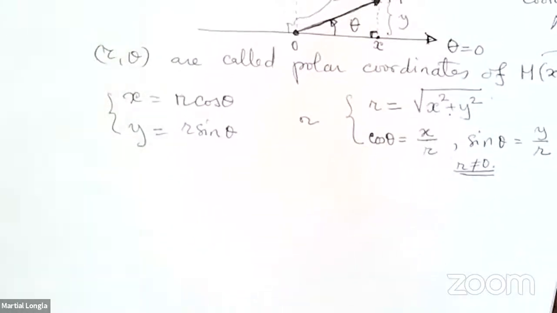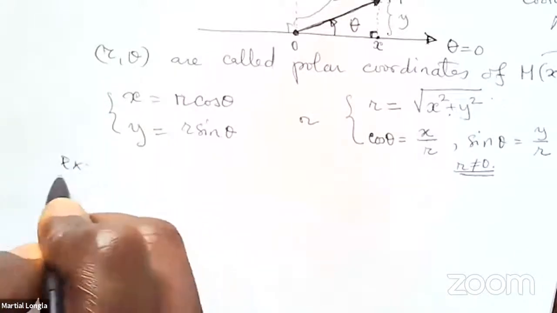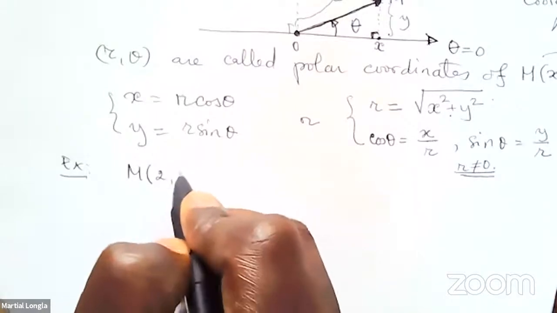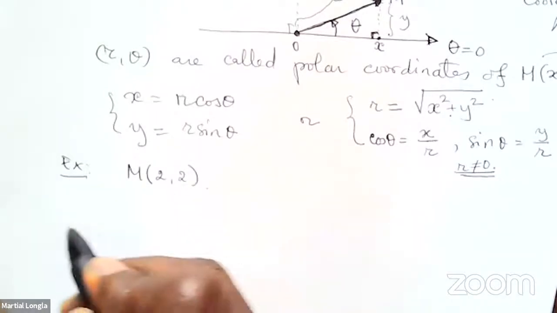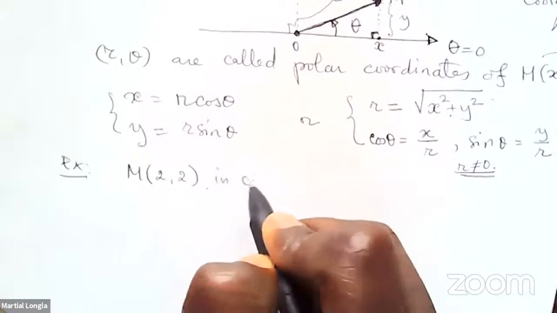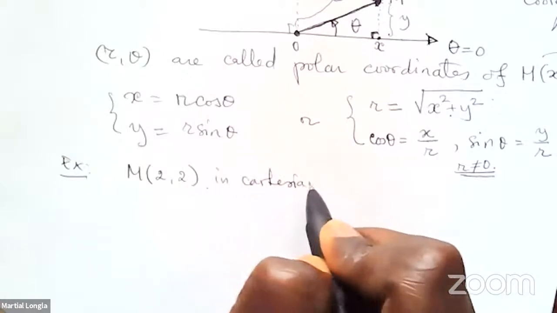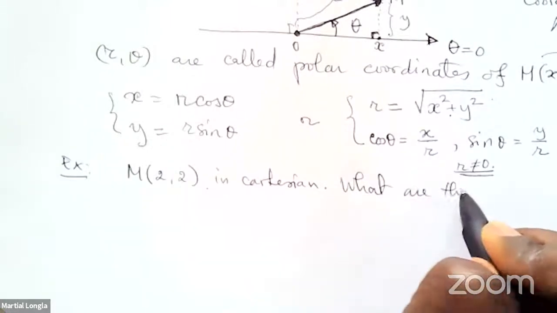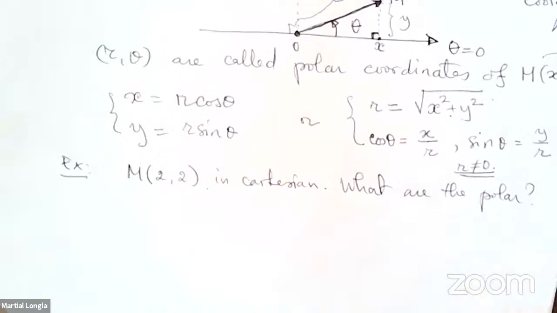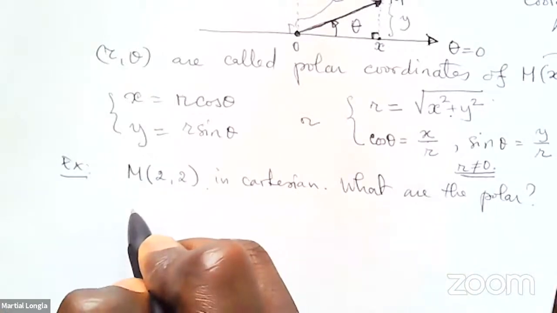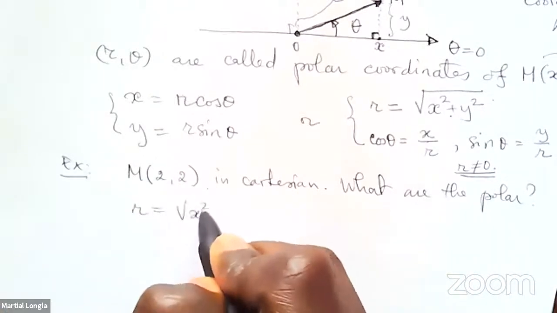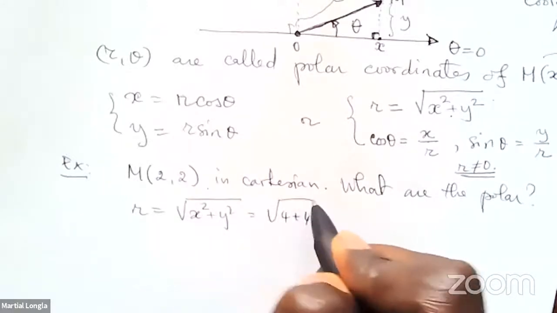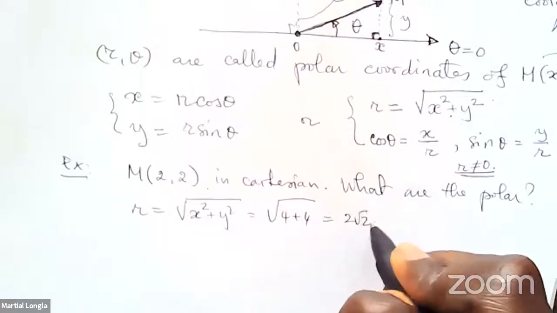So for example, let's say M has coordinates 2, 2. What are the polar coordinates? Then you would say r equals the square root of x squared plus y squared. That's the square root of 4 plus 4. That's 2 square root of 2.